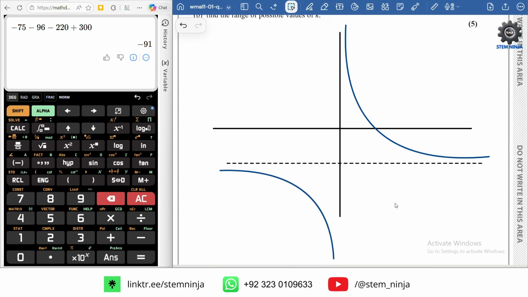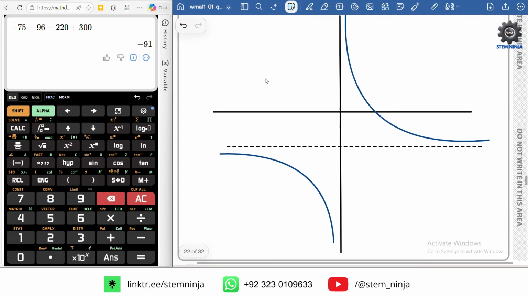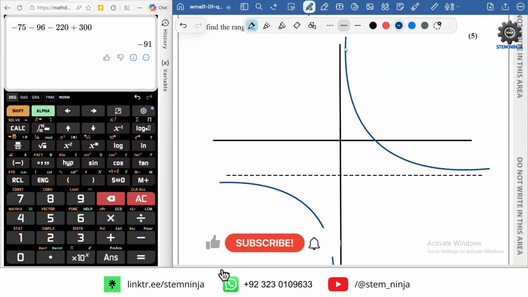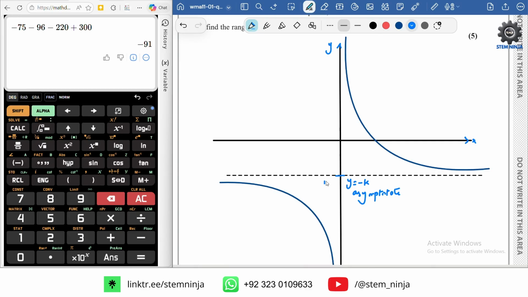Like this. Okay, so this continues down. Right, so now we label this. This is our y-axis. This is our x-axis. This is our y equals minus k asymptote. Okay, so this is your minus k.